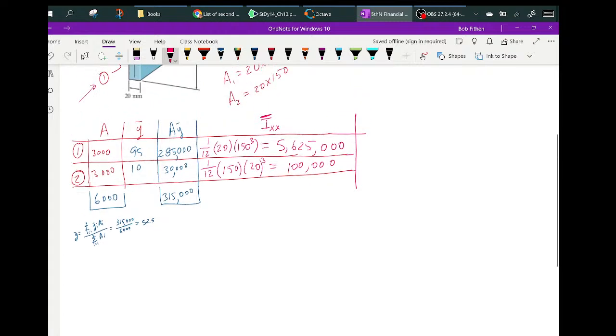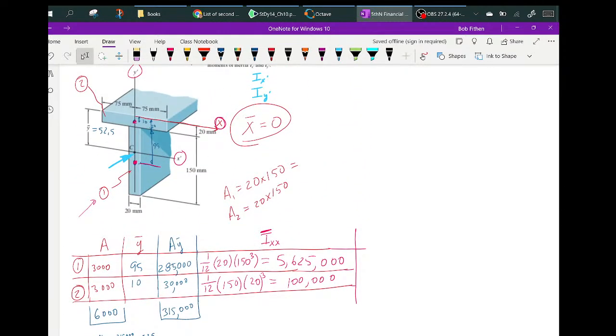Now, let's make sure we understand this is about their own centroid, not the centroid of the composite.